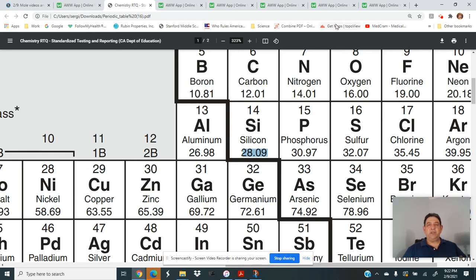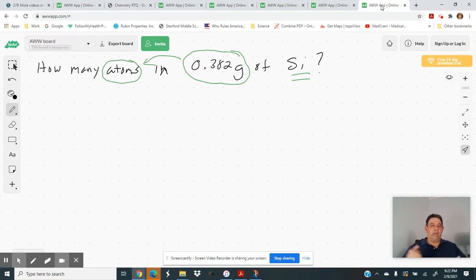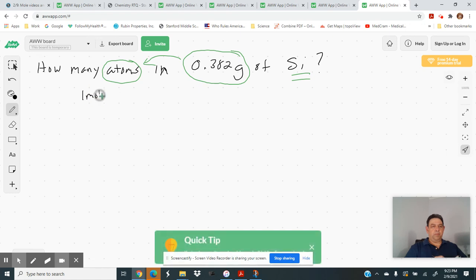Now that we know that, we can do our problem, because we know that 1 mole of silicon equals 28.09 grams. By the way, this is problem number 5. So we know the relationship. Now we can write down our given, 0.382 grams of silicon.